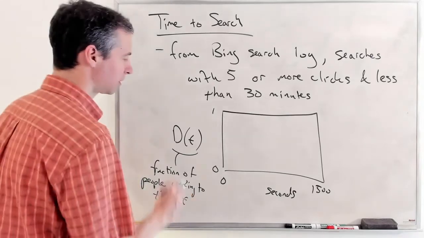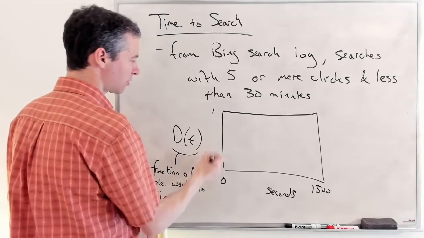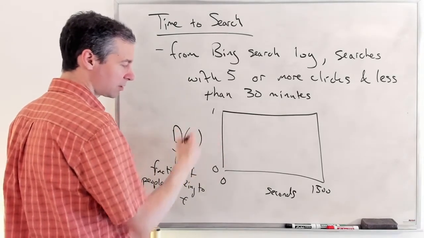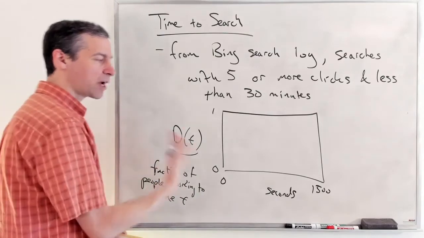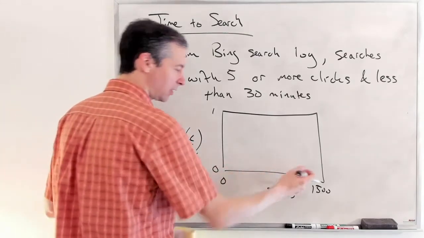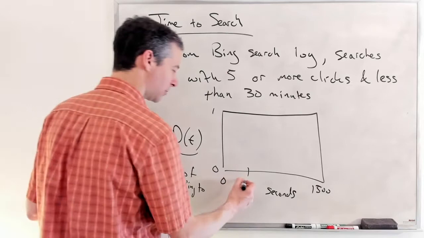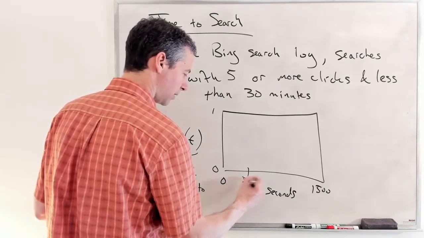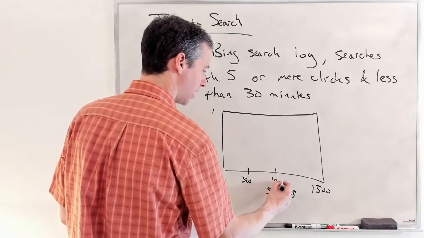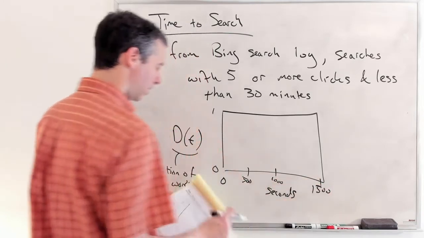What we're interested in is what fraction of the people are still working at these points in time? So how many are still working at 500 seconds? How many are working at 1,000, 1,500?